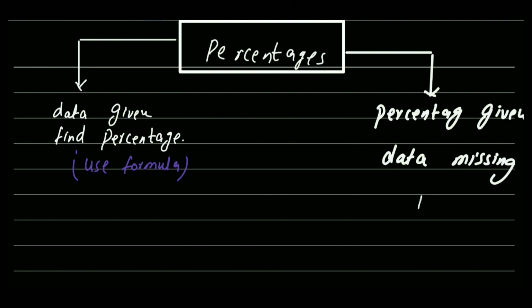The boxes will be before, after, percentage and 100. We make these boxes when percentage is given in the question and data is missing.